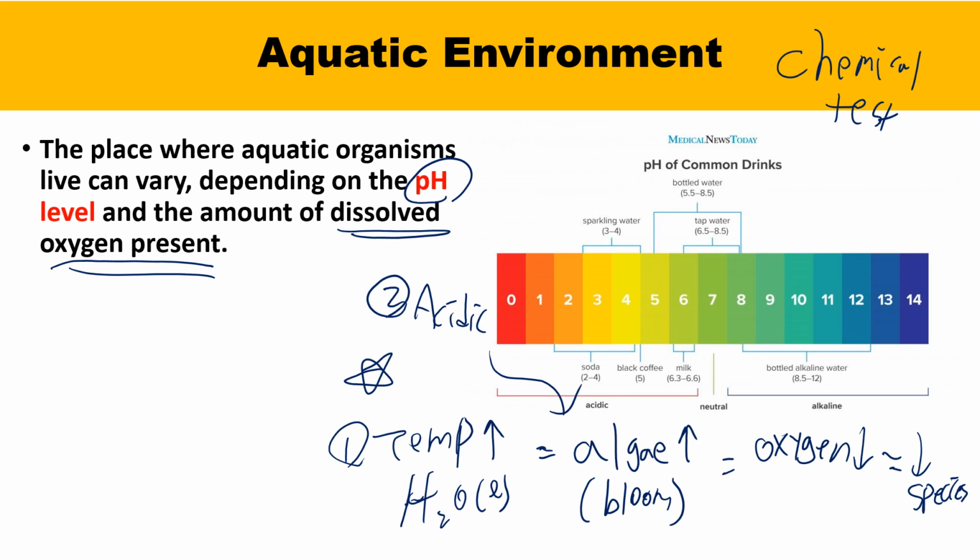So the thing is, low pH can cause algal bloom, which reduces the oxygen. I want you to remember this relationship. If the pH level goes down, aka it's more acidic, oxygen goes down. That doesn't mean a base raises it up.